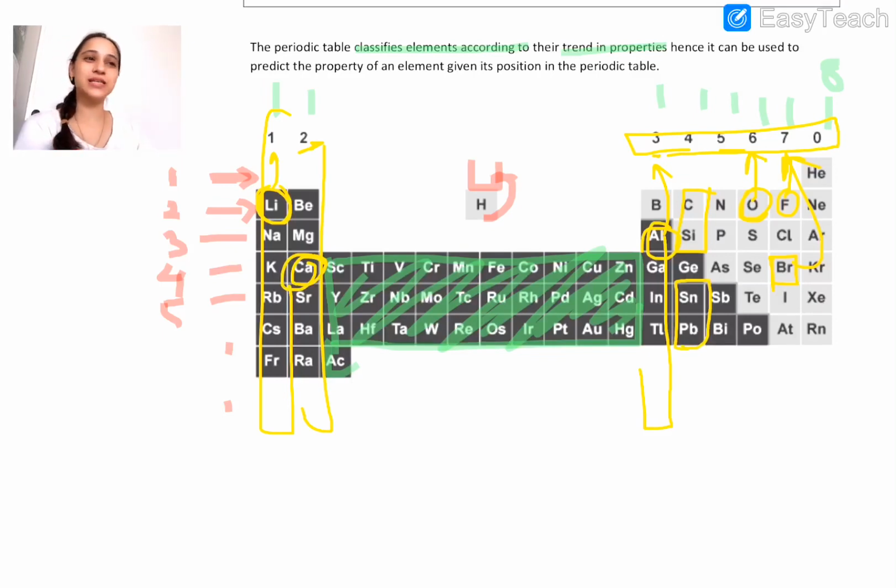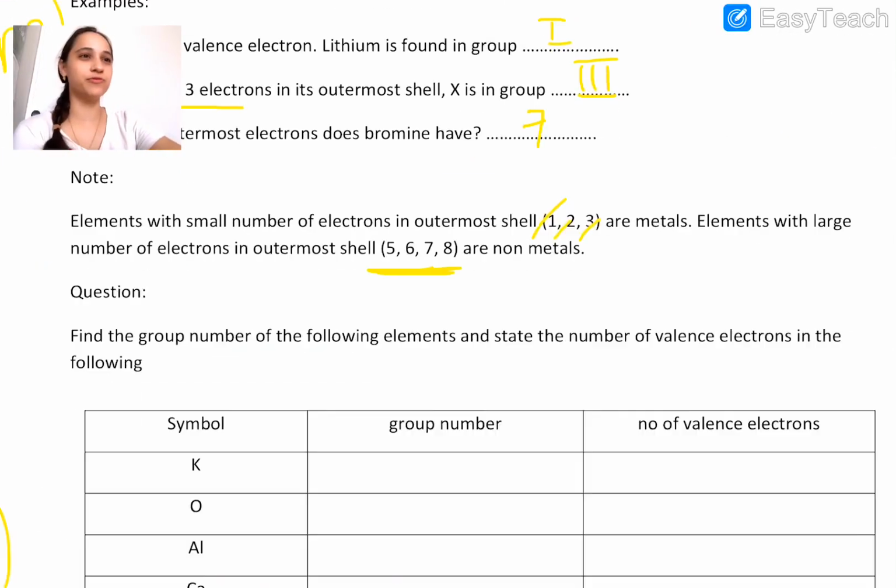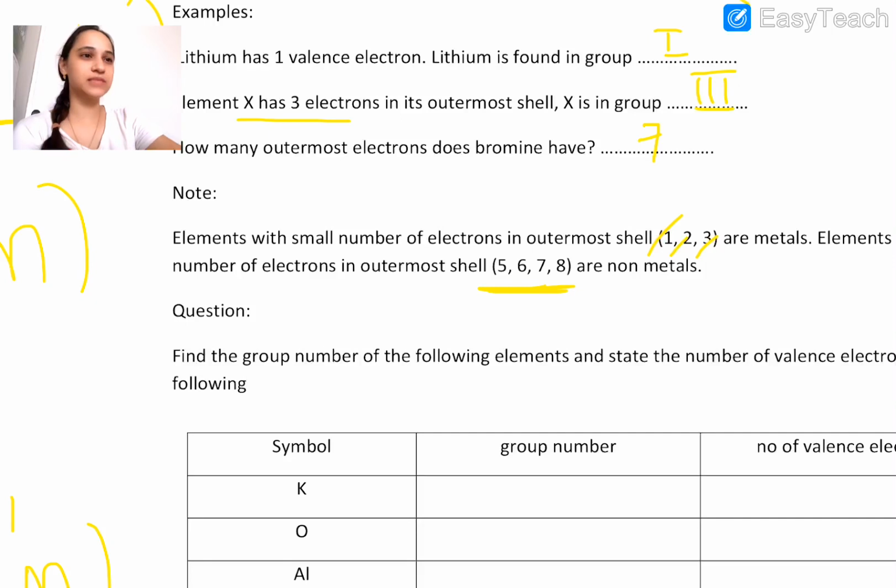But then silicon and germanium, we can't really say if they're metals or non-metals because they have both properties, so they're actually metalloids. So that's why I'm ignoring group number 4 for now. But this applies: 1, 2, 3 are metals, 5, 6, 7, 8 are non-metals.